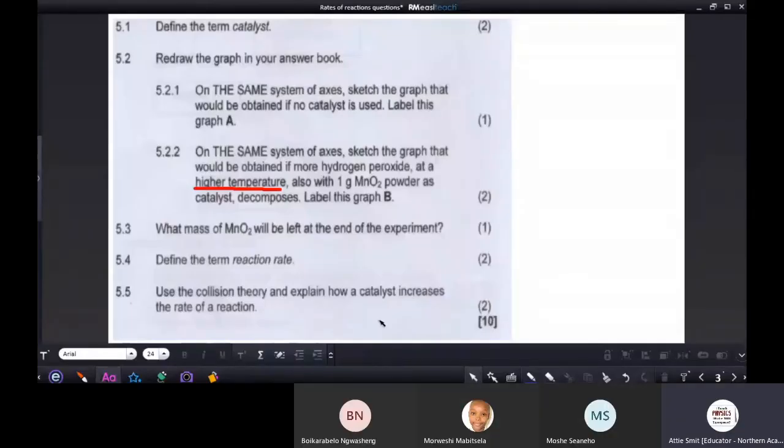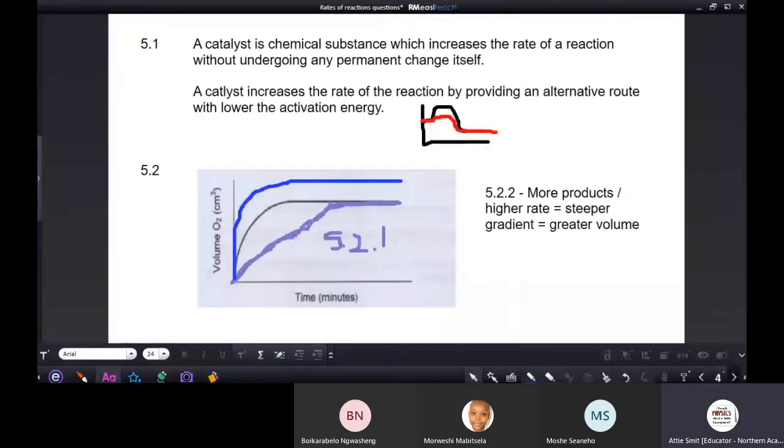Use the collision theory and explain how a catalyst increases the reaction rate. All right, so let's go.